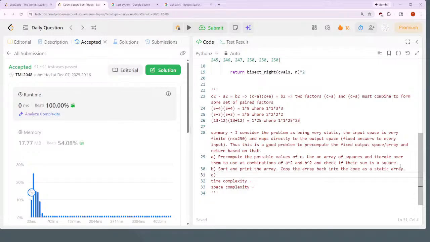And then C, search for n in the static array and use the index as a kind of half proxy for the number of triplets or tuples that can be formed with that C value.